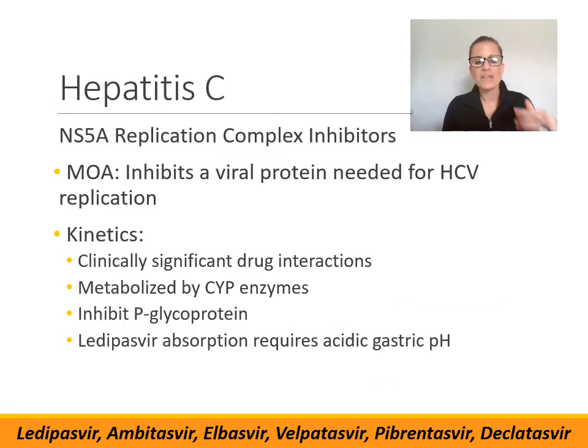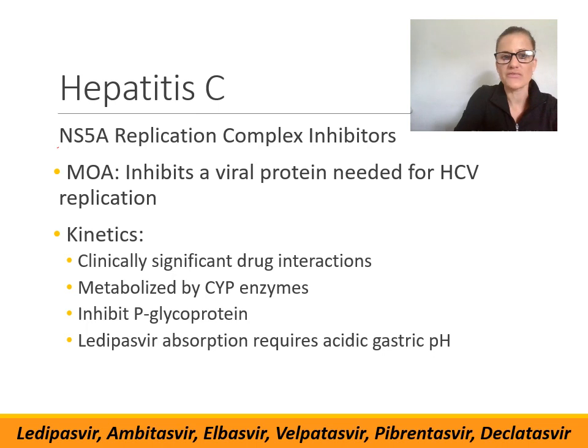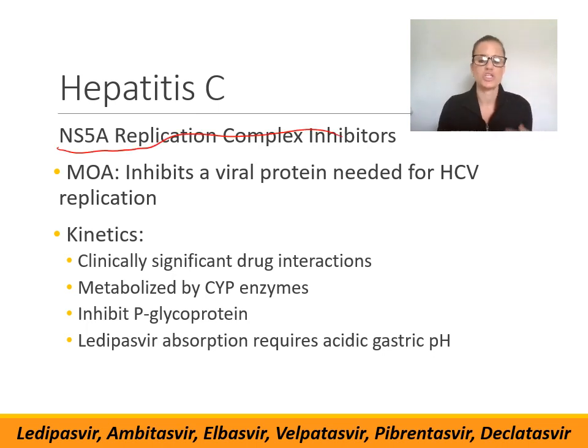Okay, so the next class are the NS5A replication complex inhibitors. Remember, we said that Hep C has this big polyprotein, right? That's what it's coded for, this big protein. And then that has to get spliced into separate proteins that are active. We just saw NS5B, that was the polymerase enzyme.